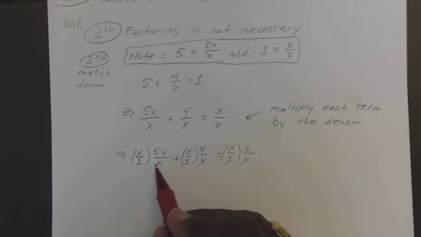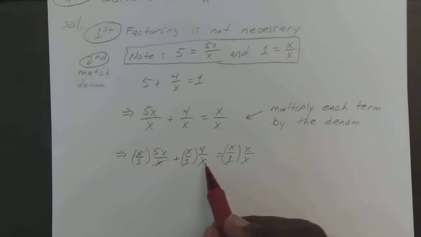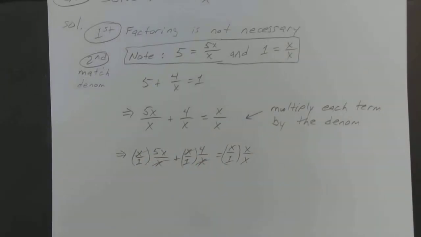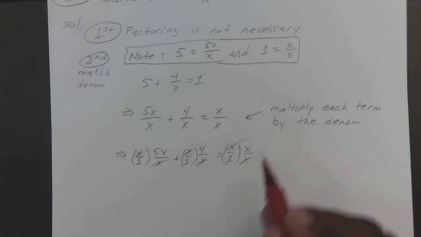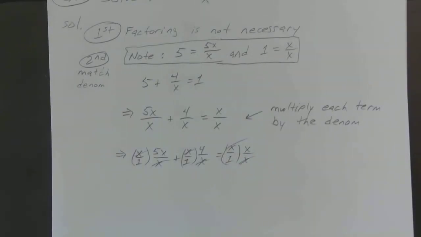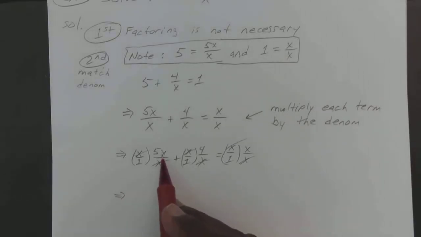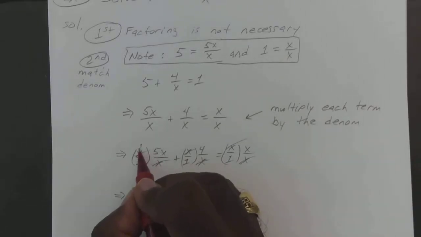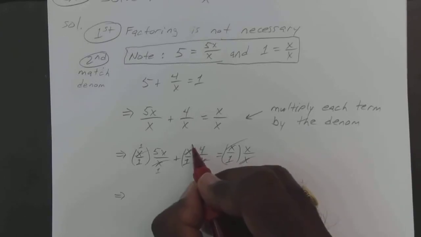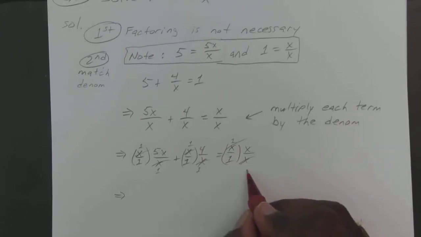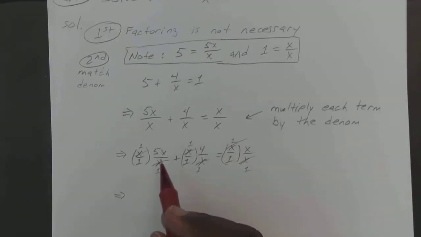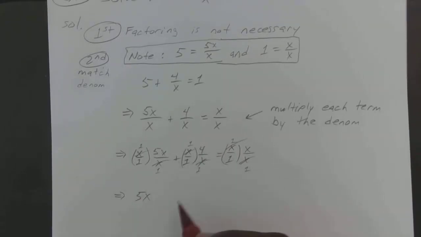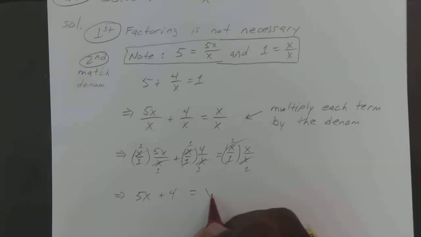So we see here, this x cancels out, these two x's cancel out, and these two x's cancel out. So we're left with 5x times 1 is just 5x. Actually, when those cancel out, they become 1. So 5x times 1 is 5x over 1, so that's 5x plus 4 equals x.